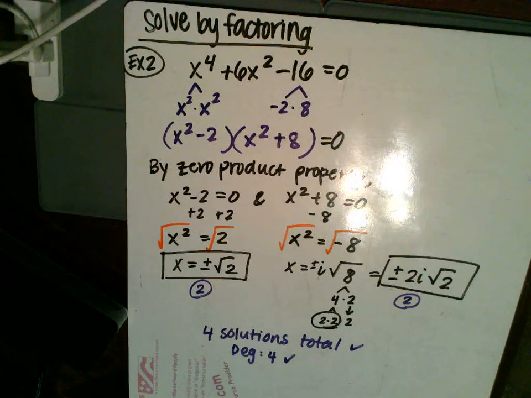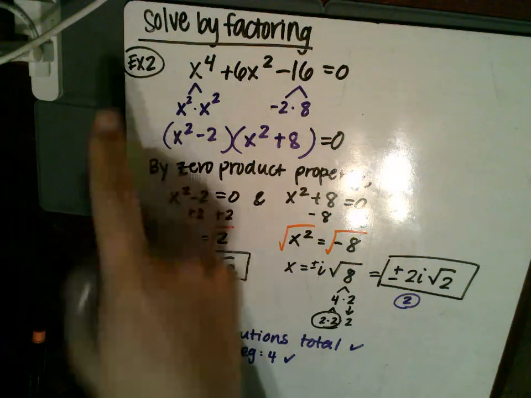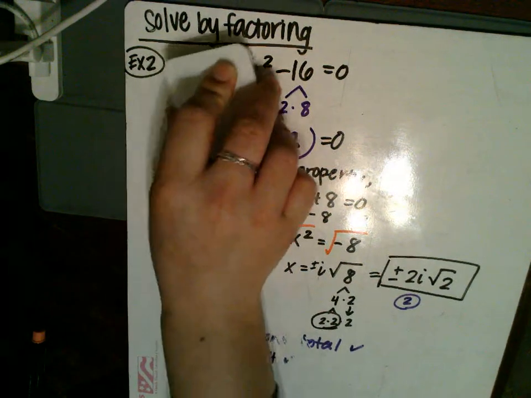We're going to do another example of a degree 4 polynomial. And I believe it's going to remind us about multiply, divide, slide. Okay, so we're going to do the same thing, but use multiply, divide, slide. We can still use that with degree 4 polynomials.